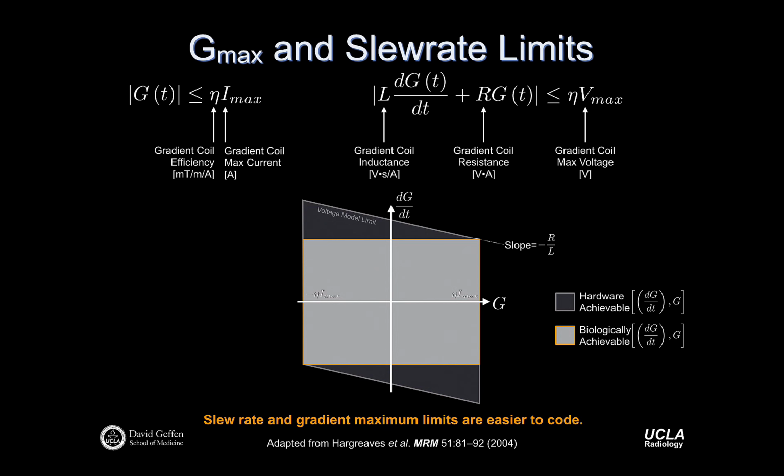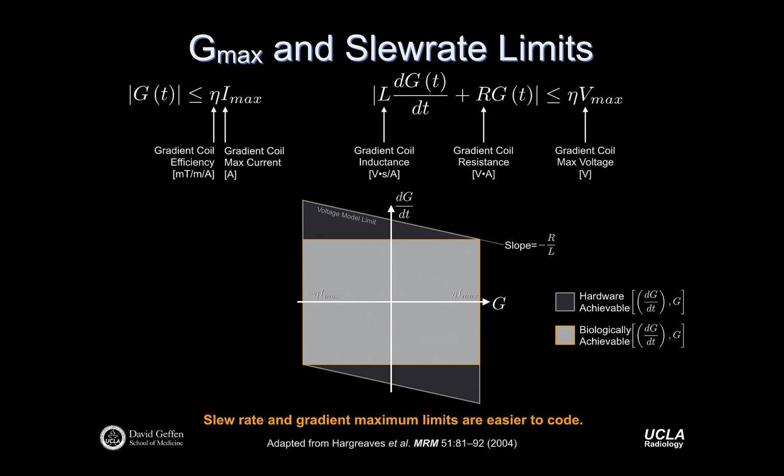Why? Well, on the left-right axis, you can in fact generate very, very strong gradient fields, and that won't have a biological effect. We'll come back to that in a little bit. The slew rate, on the other hand, if it is too high, you'll get what's called peripheral nerve stimulation. So if we try to ramp our gradients up too fast or ramp them down too quickly, that can lead to a tingling sensation, almost like your hand is falling asleep.